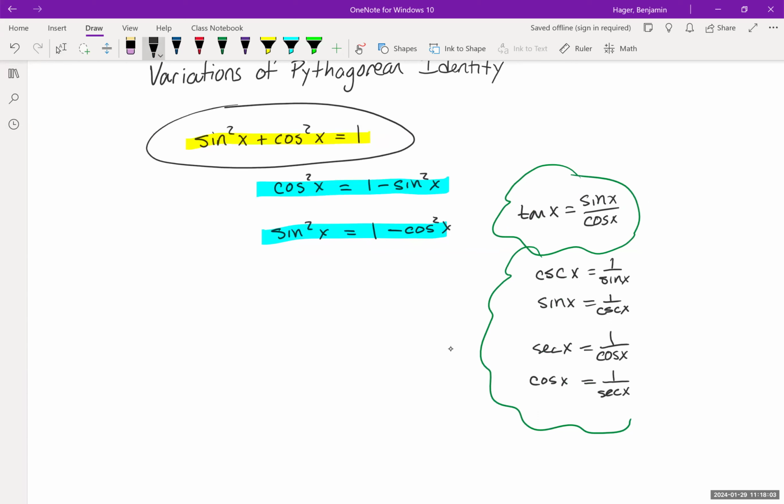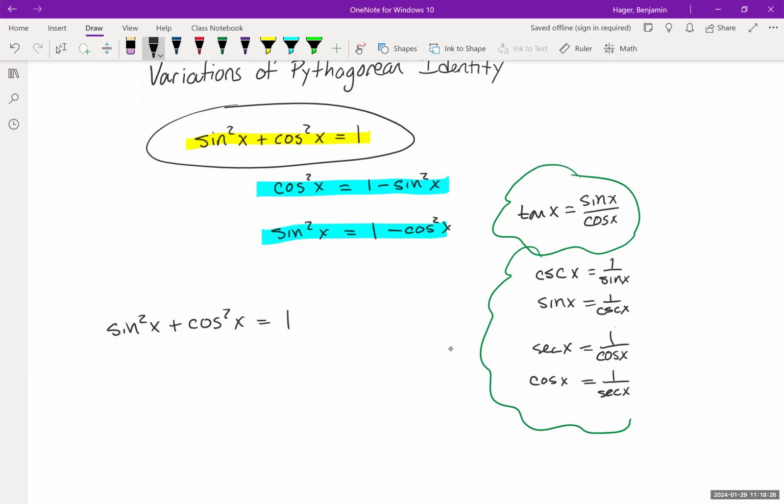So let's take the Pythagorean identity, the one we have memorized. And let's say I want to get a format that involves secant. Let's just say I'm looking for secant. Okay, well, if I look at secant, I see that I get a secant when I have a 1 over cosine.